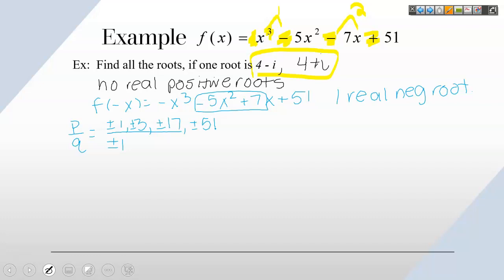So that tells me if I am using synthetic division, I would want to try negative 1, negative 3, negative 17, or negative 51. Usually our answers are smaller and they're easier to work with, so you would pick negative 1 or negative 3.